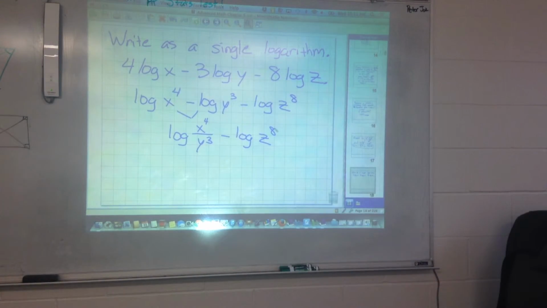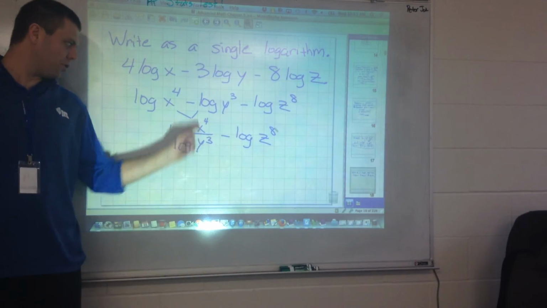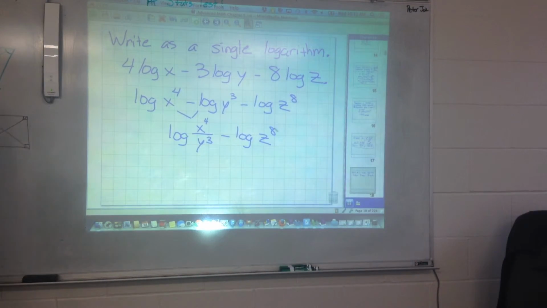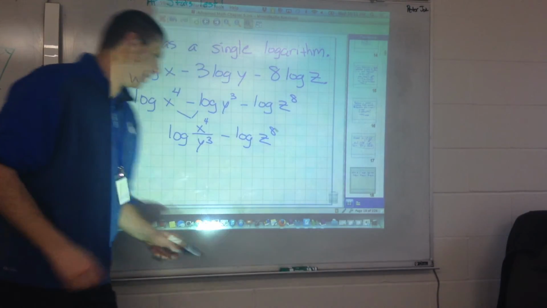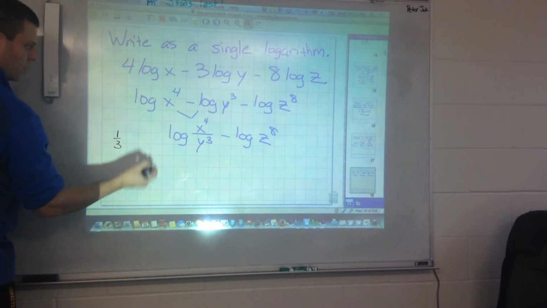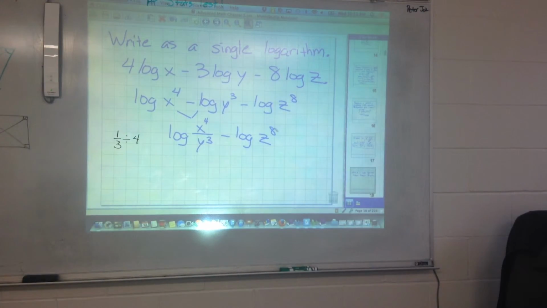Because with subtraction, you have division going on. And now, Drew was not wrong. What he said was correct. So you got another subtraction, so you have this fraction divided by that. Well, let's think about fractions here just a little bit. What's 1/3 divided by 4? 1/12.